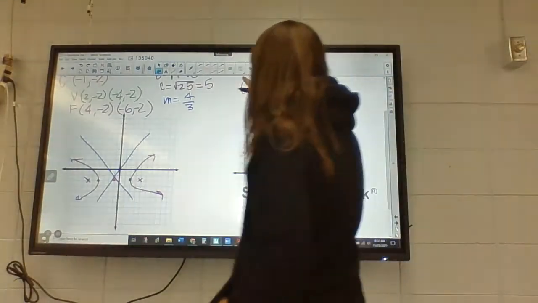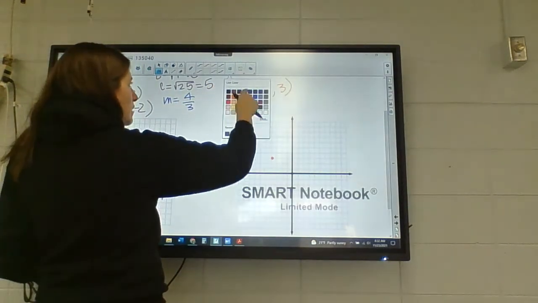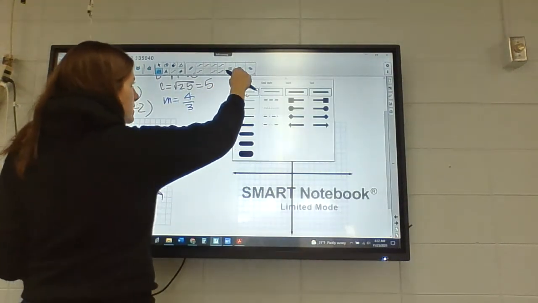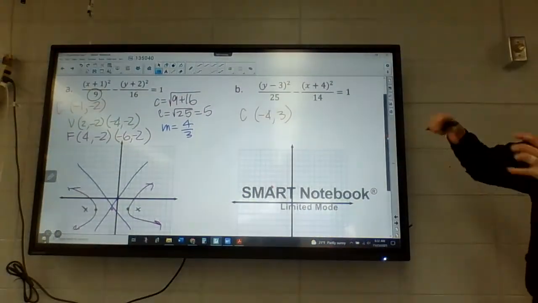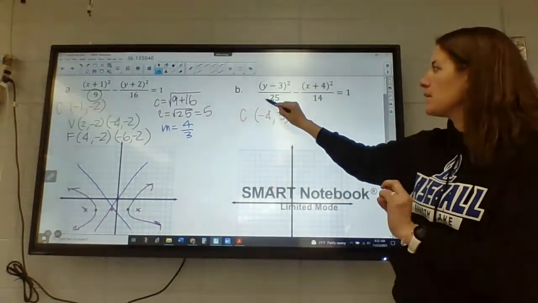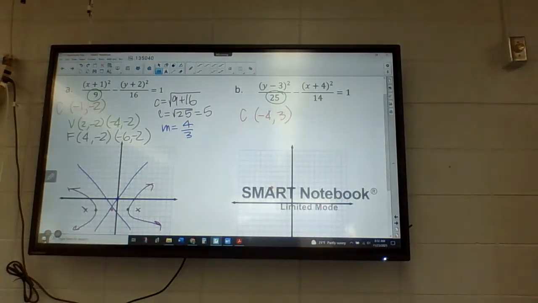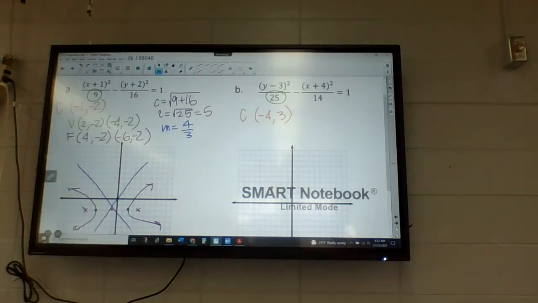Then we need to do our vertex. Sounds like we did that next, so that's fine. So the vertex now, this one's going to be vertical. So we're going to go up and down using again the A value, which is underneath the first one. So the A is 5 in this case.